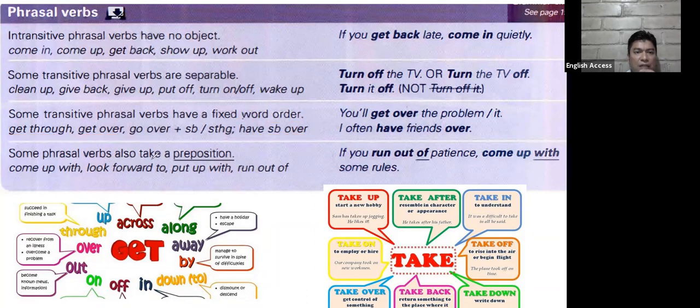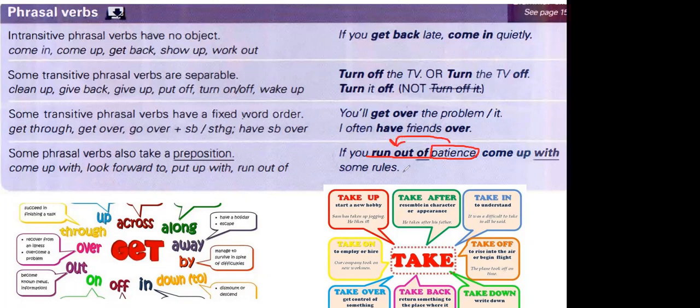Some phrasal verbs also take a preposition: come up with, look forward to, put up with, run out of. Many prepositions. So if you run out of patience, come up with some rules. Run out of patience. What is patience? What we cannot have: an object.